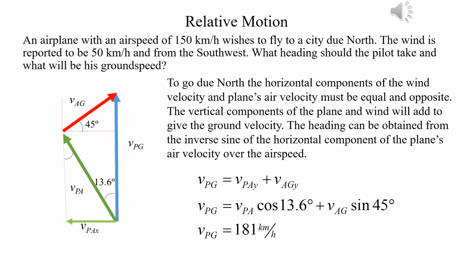So those are the two y components. And then we plug in the numbers and we get 181 kilometers per hour. So he's going a little bit faster with respect to the ground than he can fly in the air because the wind has helped push him to the north. The wind has a component that points towards the north, and so that adds to his air speed.